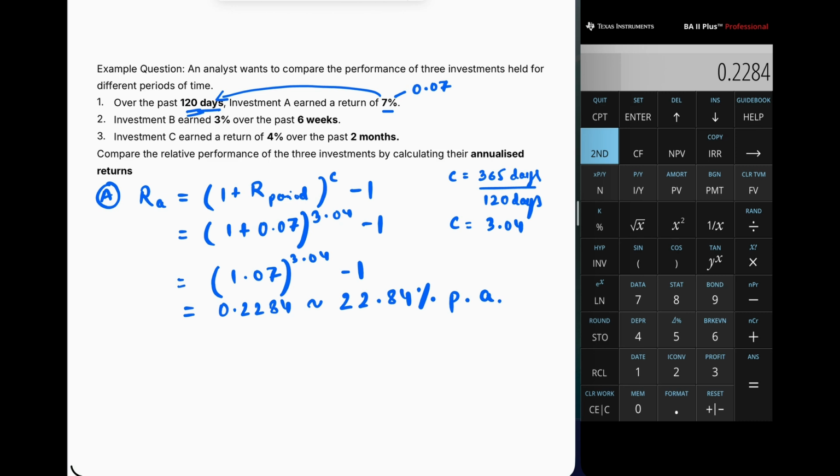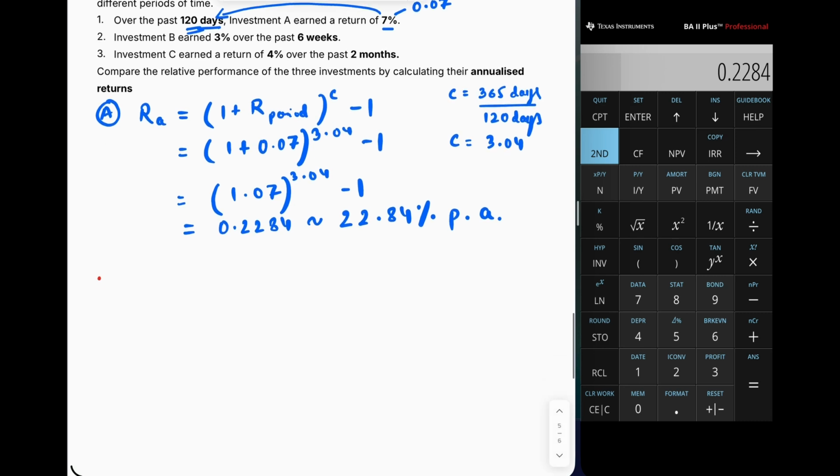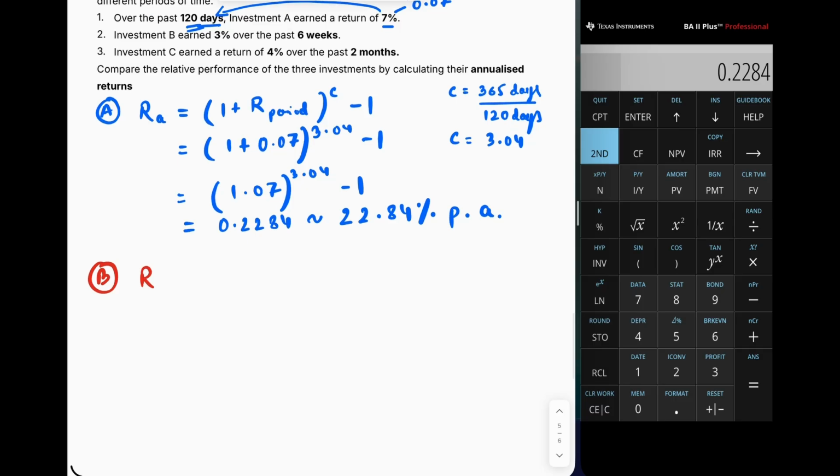Okay, now let's do it for investment B. R as the full return is the same formula, (1 + R period) to the power C, minus 1. This 3% you can write as 0.03.